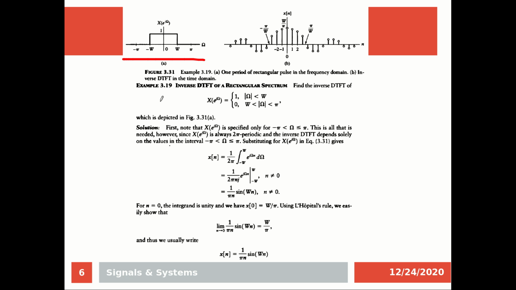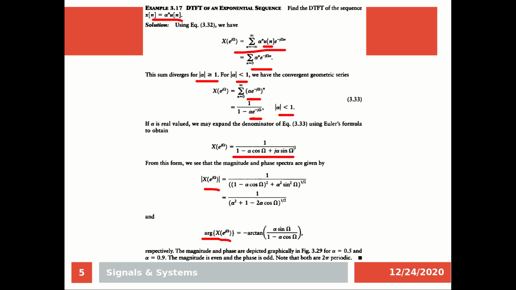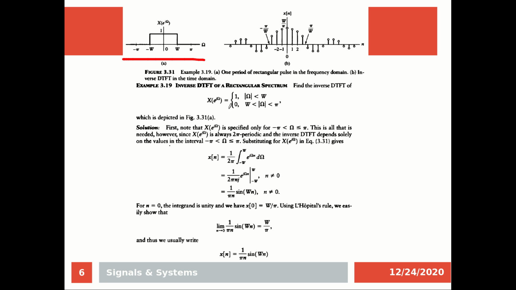To find that, we will use this equation. We will write it and put 1 from minus W to W, and otherwise it is 0. The integration is from minus infinity to infinity, but we don't have anything outside, it is 0.